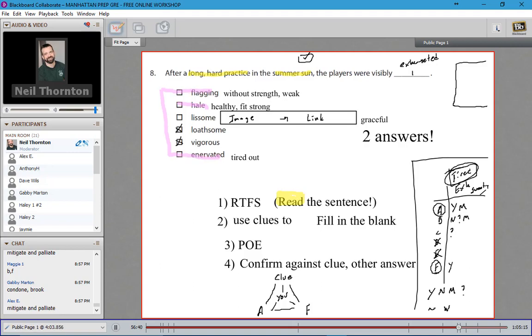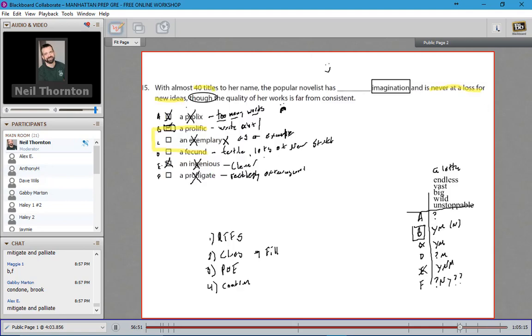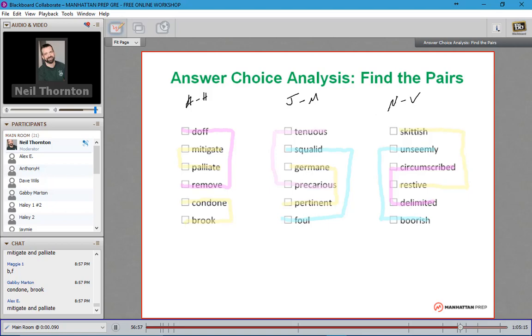Hail doesn't match, notice how hail doesn't match anything else here, listen doesn't match anything, loathsome doesn't match anything. Oh wait, hail and vigorous match. So we have two matches on this one, but none other. On this one we only had one match. On a lot of these back here, we had 3 pairs. There's no way of predicting how many pairs there are.